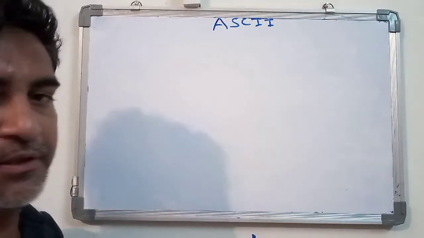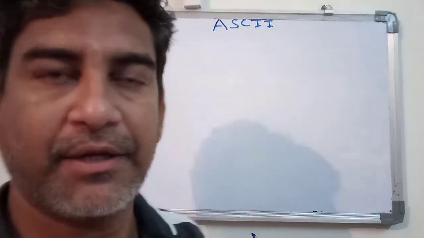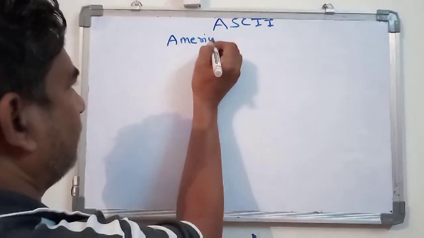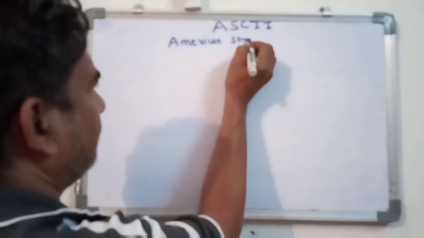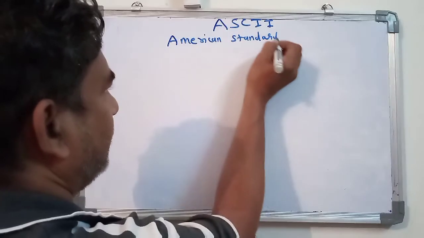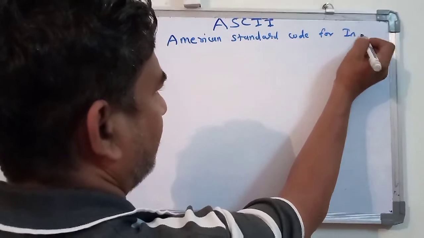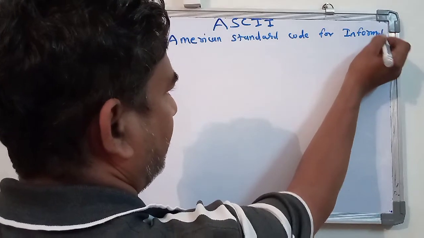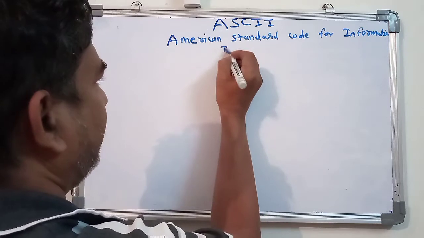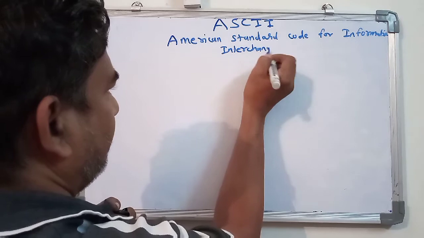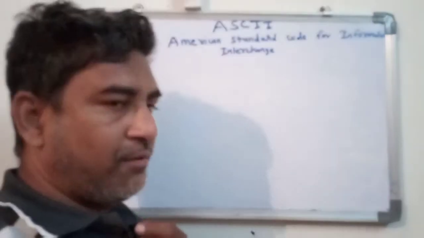ASCII is nothing but the American Standard Code for Information Interchange. Okay, it is the full form for ASCII.